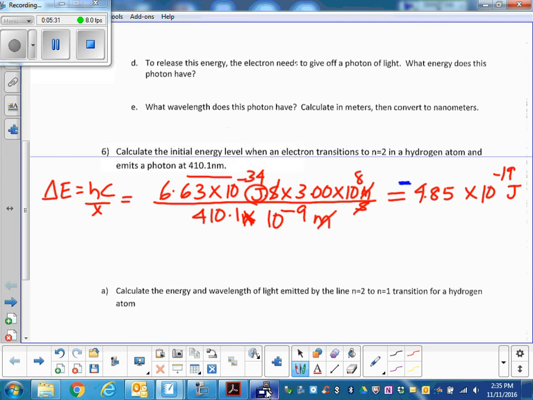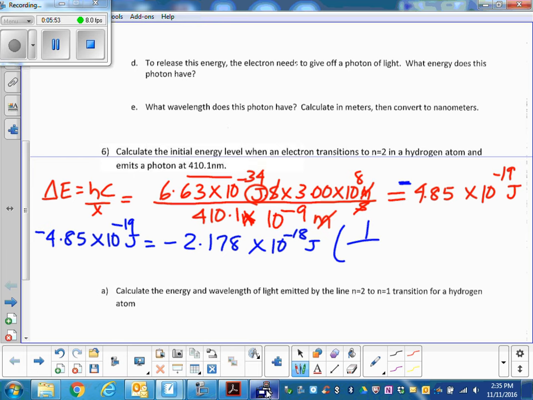So in my Rydberg equation, my energy is negative 4.85 times 10 to the negative 19 joules equals minus 2.178 times 10 to the negative 18 joules times 1 by, what is the final state to which it always comes? That's 1 by 4 minus 1 by Ni squared. So I need to find out what my Ni squared is.